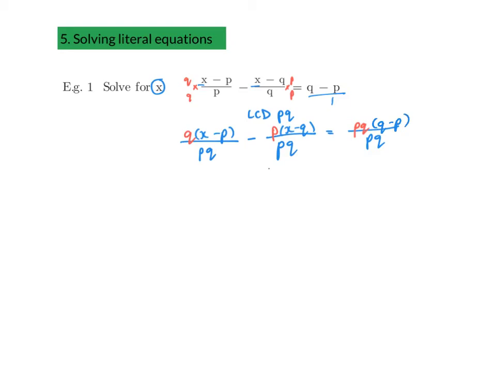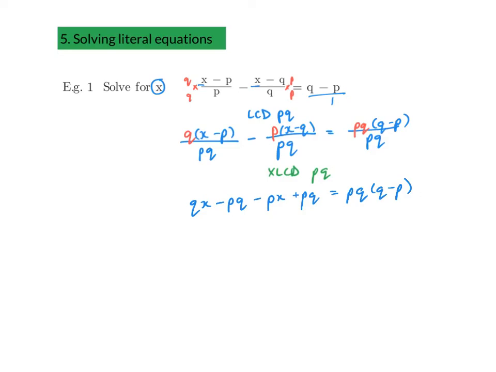Now let's multiply by my lowest common denominator, which is PQ. So we're going to get QX minus PQ minus PX. Negative P times negative Q is plus PQ. And on the right, because I don't have any x's involved, I'm not actually going to multiply this out. I'm just going to leave it like it is.